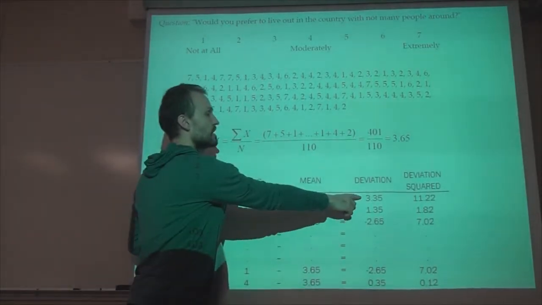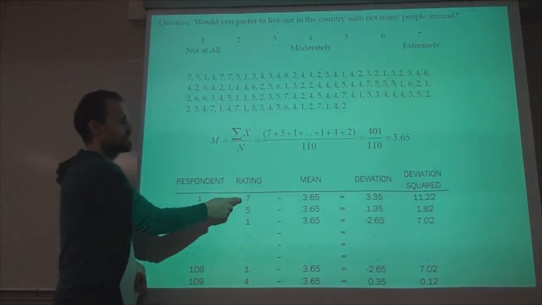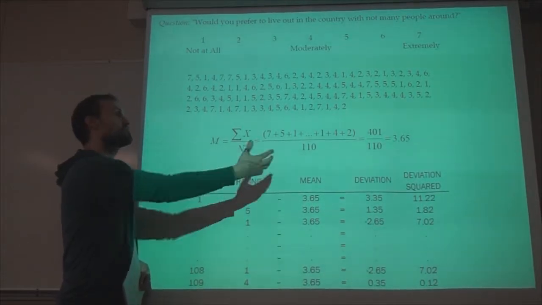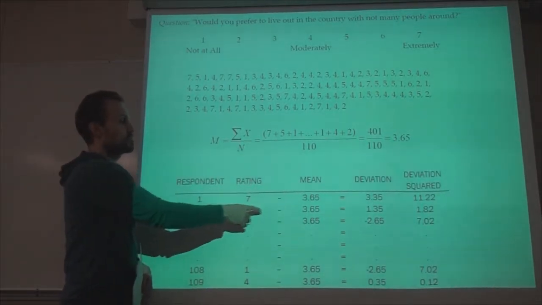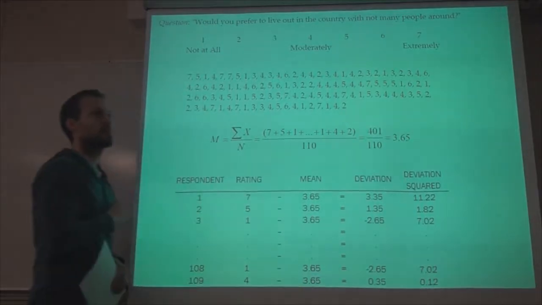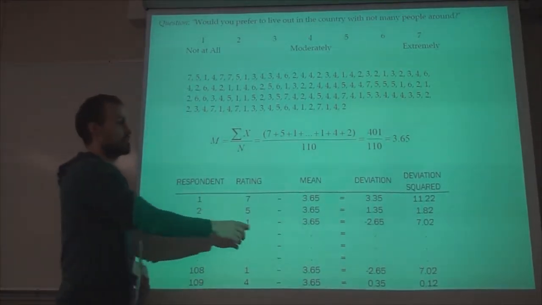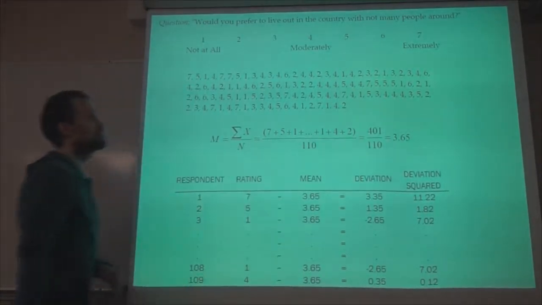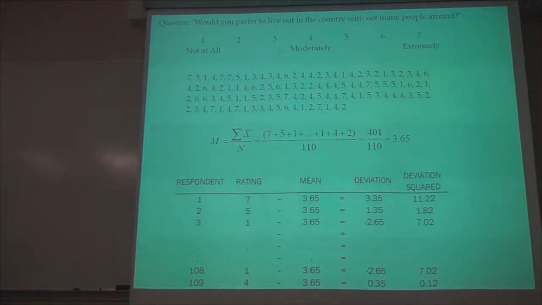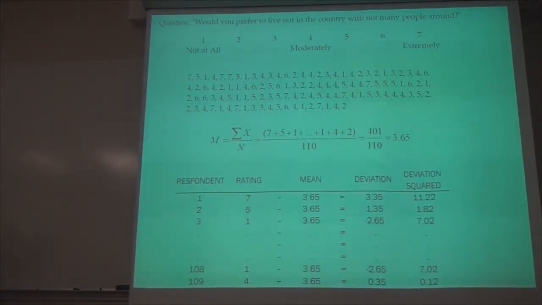Sometimes I'll get a positive value. The bigger ones indicate that the actual score is further away from the mean. Smaller values mean it's not that far away. Negative deviation values mean that it's still a distance away, but on the other side.